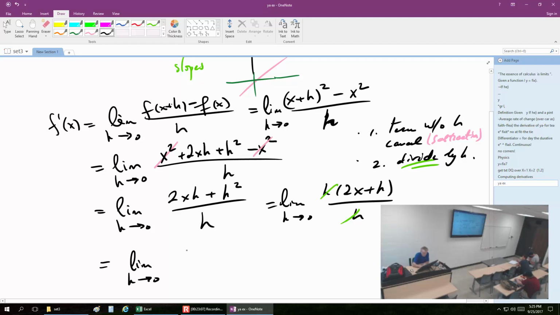And so now the end result of these two steps is no 0 over 0 anymore. So that division by h, the h was the problem in the denominator. Now we have divided by h. And it's gone, and we have a continuous function.